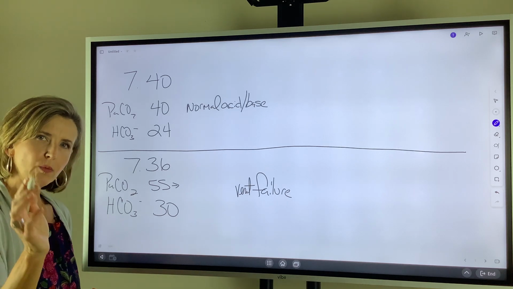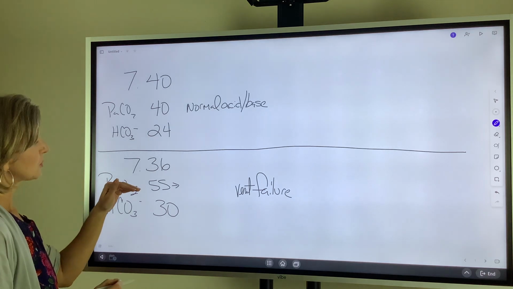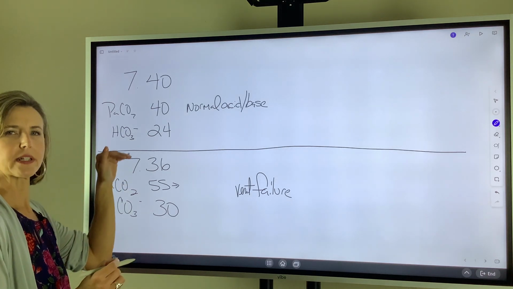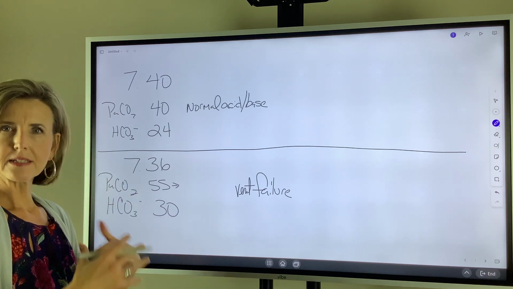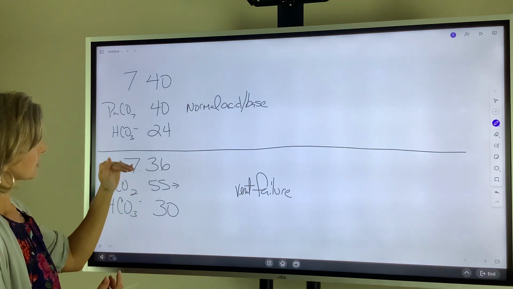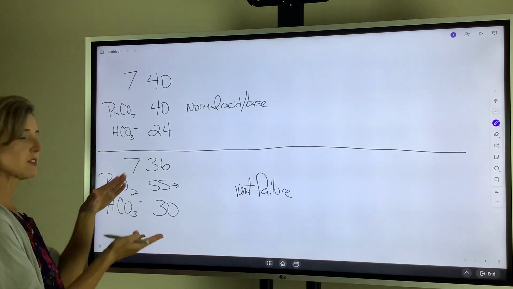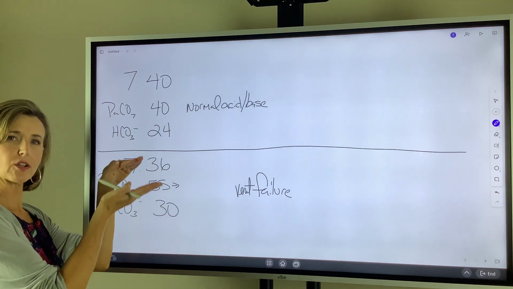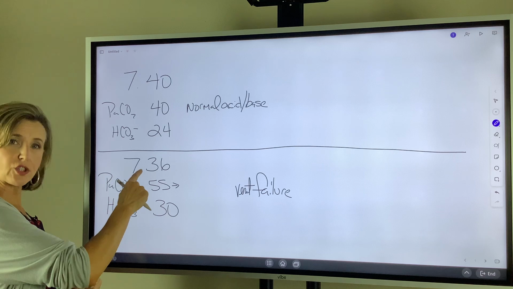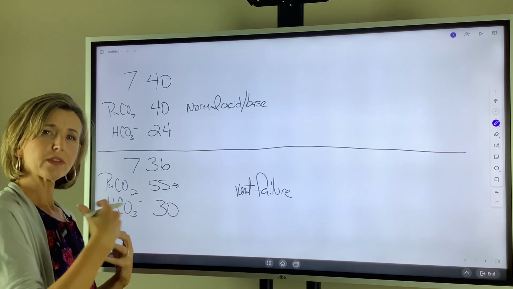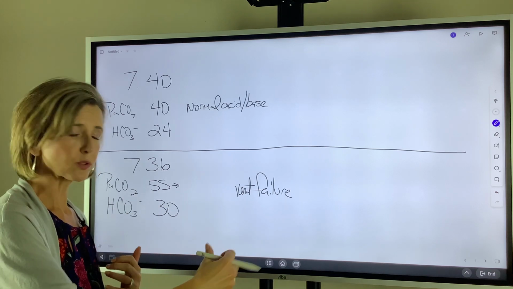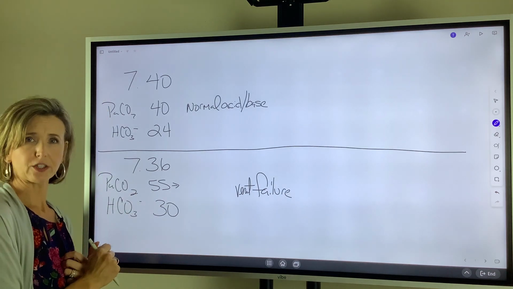But with COPD, what happens is this person's CO2 climbs gradually over time. Months, weeks, years. The CO2 is climbing gradually, which allows the bicarb to elevate also, which stabilizes or compensates for our pH. And so I know this process has happened gradually because the bicarb has changed.